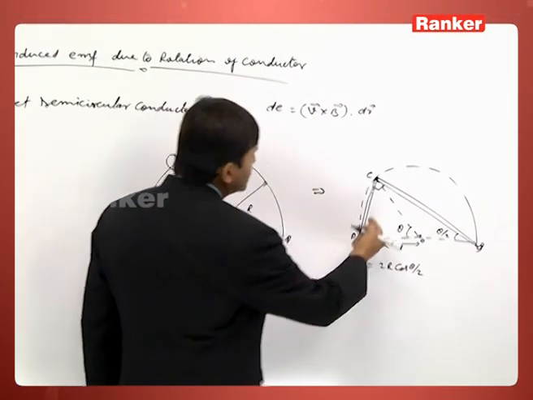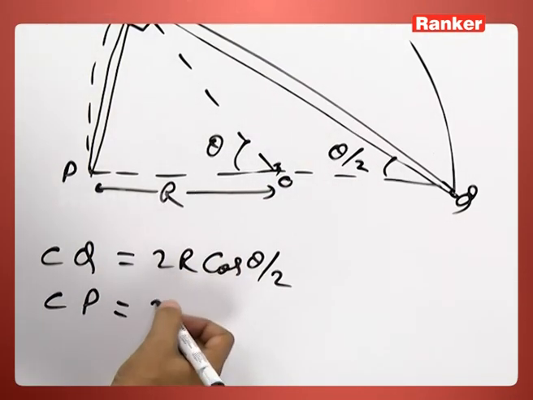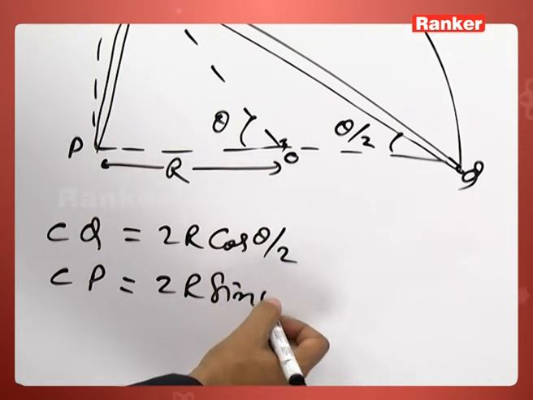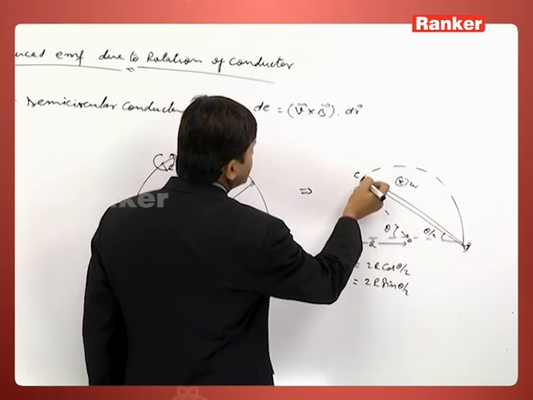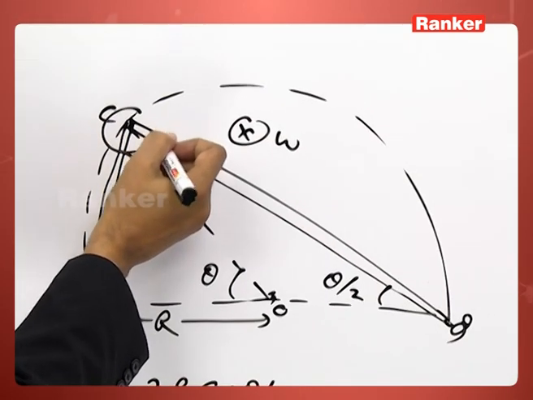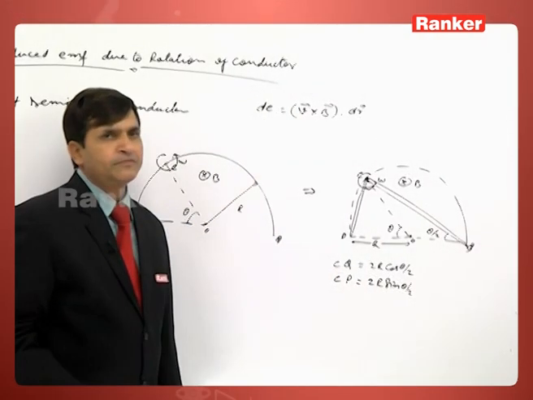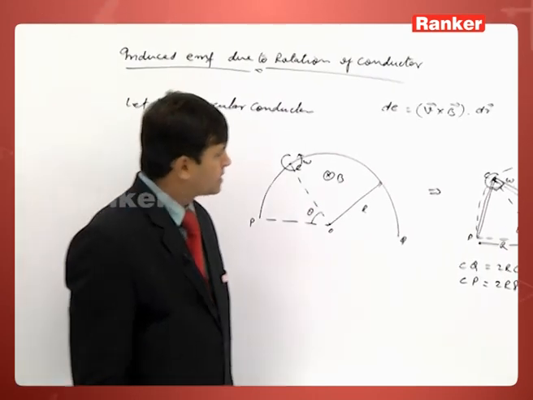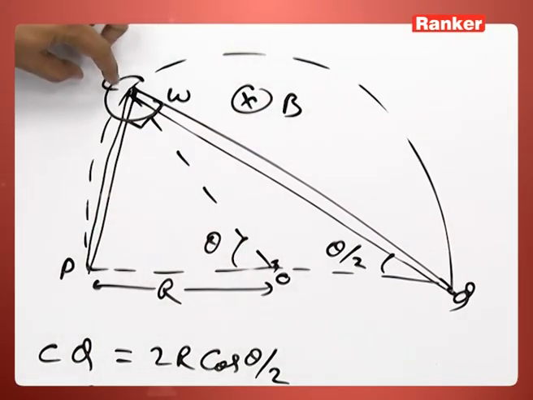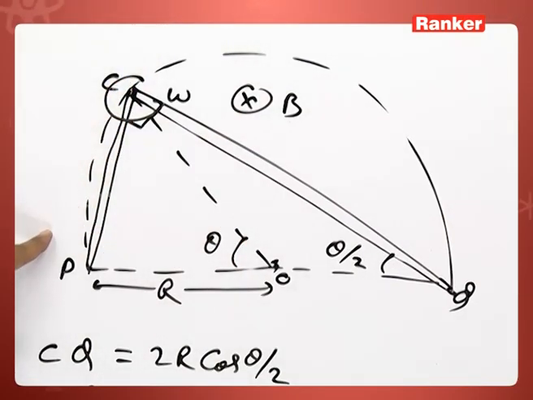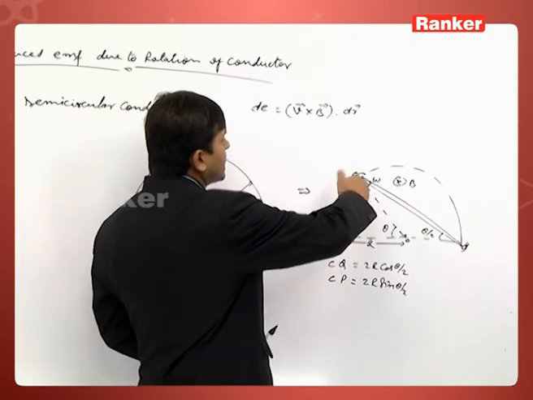And now CP is 2R sin theta by 2, and it is rotating with angular velocity omega in uniform magnetic field B. So we can say the magnetic field here is uniform. We are having two conductors, one CP, another CQ, and these are rotating like this.